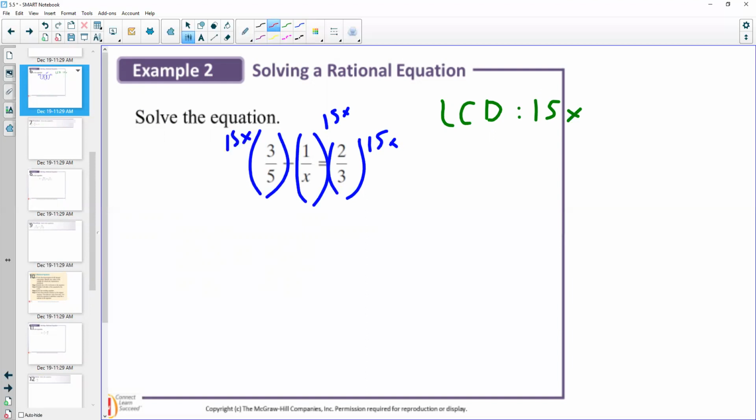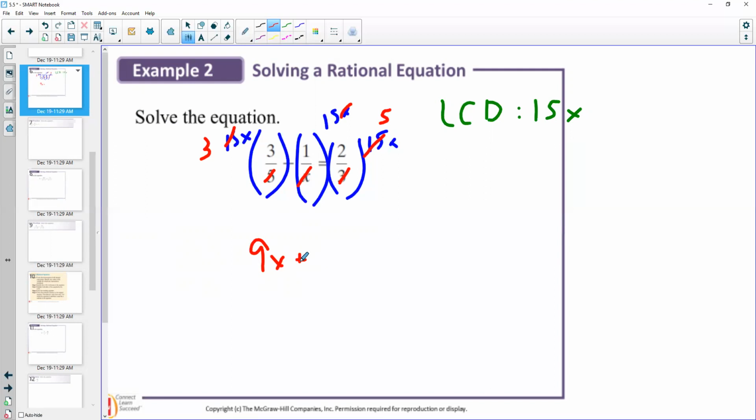So let's look at the first one. 5 goes into 15 3 times. x cancels in the second fraction, and 3 goes into 15 5 times. So on the first fraction, I'm left with 3 times 3 is 9, and there's an x. Plus, that's a plus sign, right?